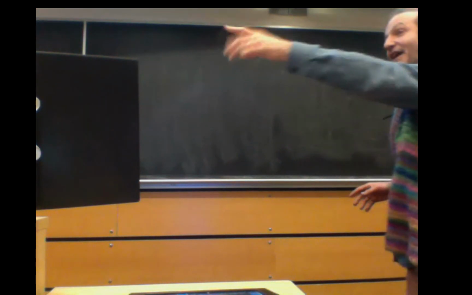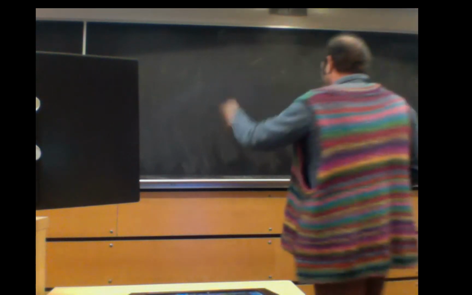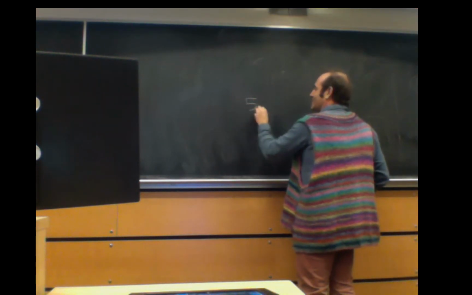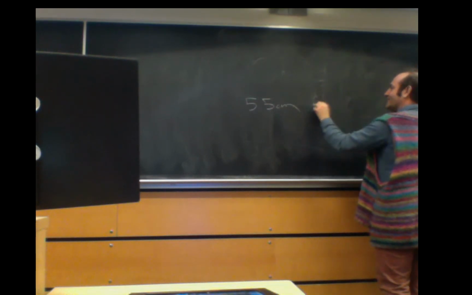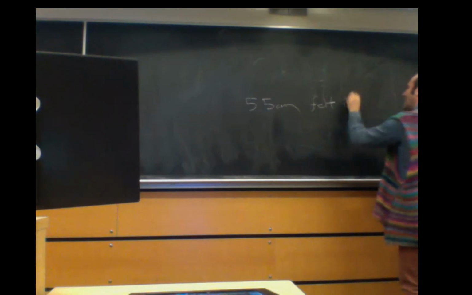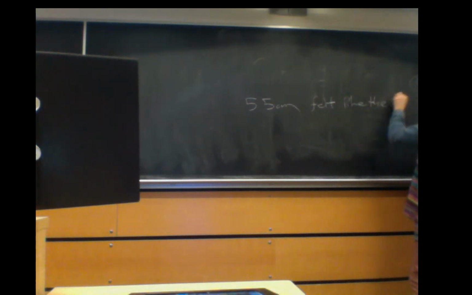All right, so let's try to do this. So I'm going to put this up here. I don't know if I'll be able to record the calculation, but you guys are here, so you're not missing it. So what we got here was 5.5 centimeters, the distance it felt like the sun.